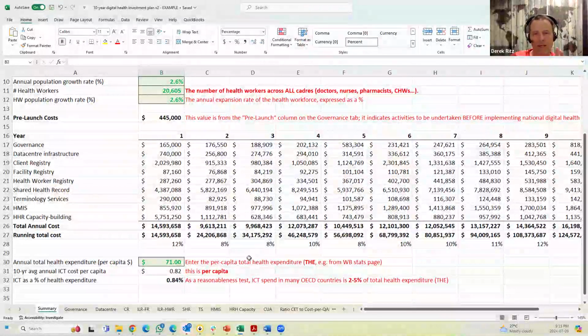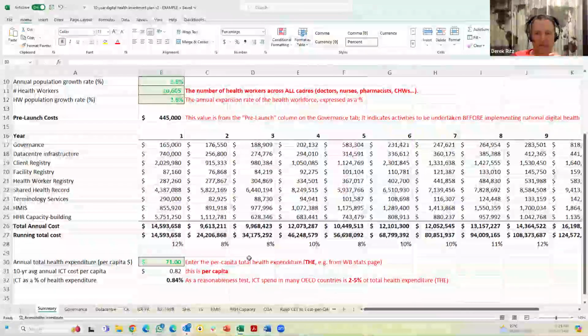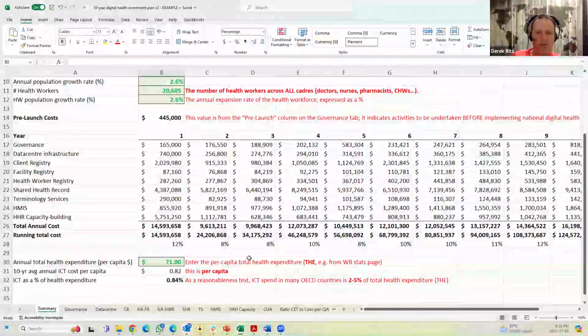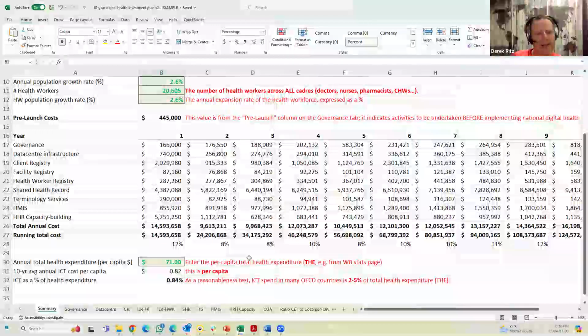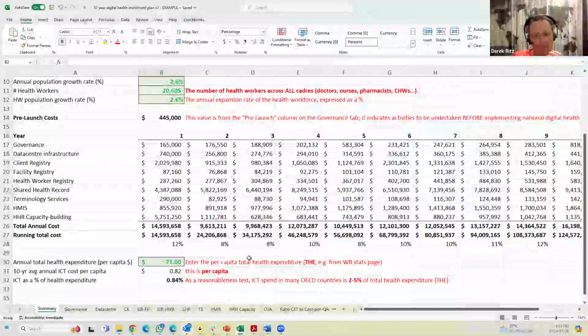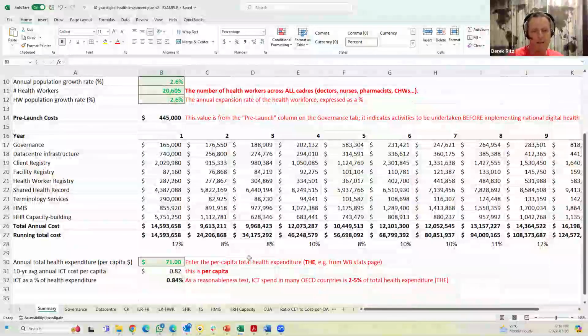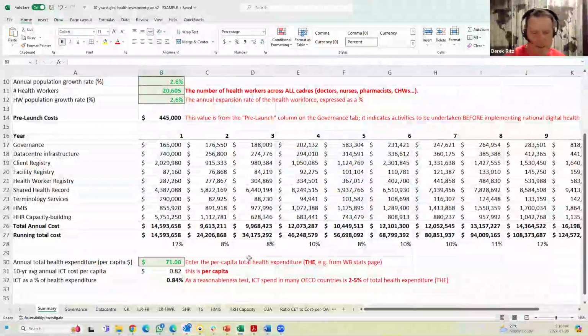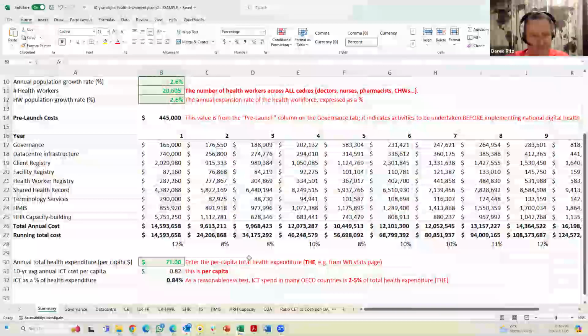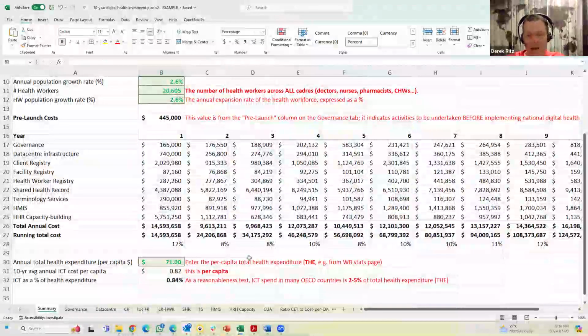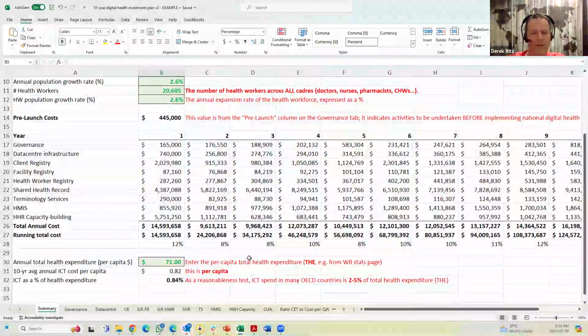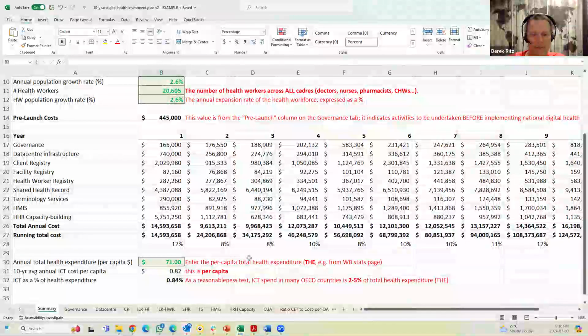So when I talk about working in some low and middle income countries, some of these low income countries are poor countries. And you have to make a case for why somebody should spend $125 million over the course of 10 years when you obviously don't have very much money to spend on health.